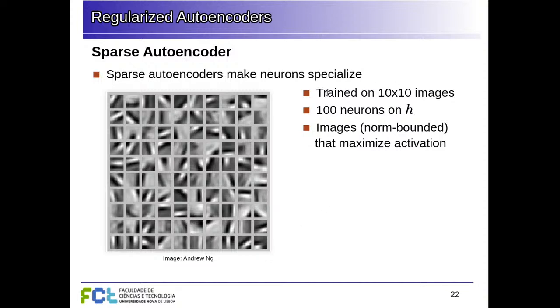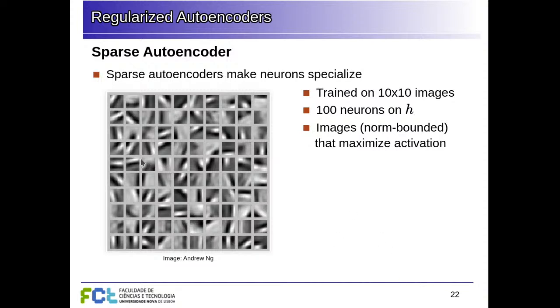This is an experiment with images of 10 by 10 pixels. We have 100 neurons here on the hidden representation, so this is not reducing the dimensionality of this representation, but with the sparsity constraint on the loss function, that regularization term, this forces the neurons in the latent representation to specialize in particular features, lines at some specific position, orientation, and so on.